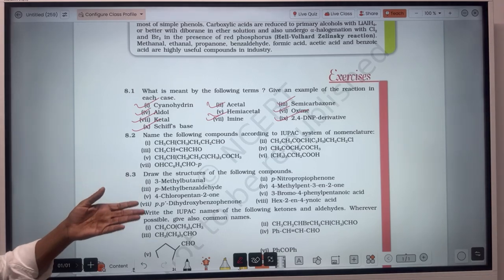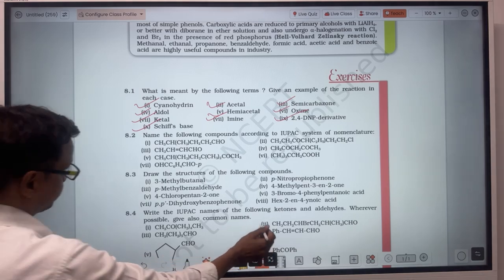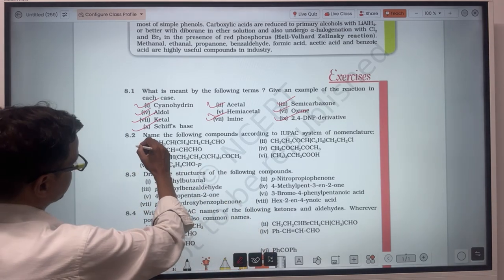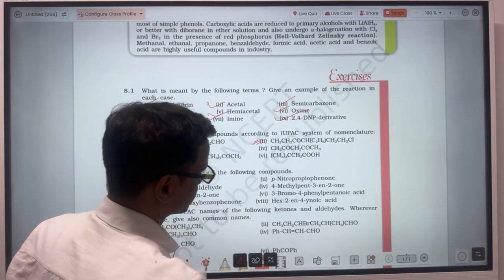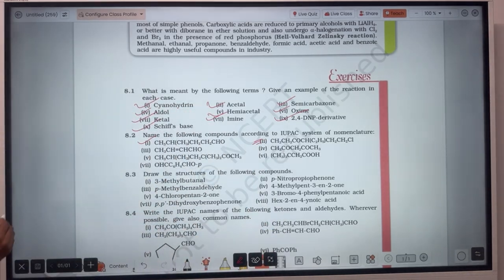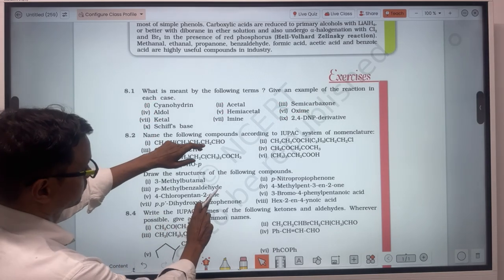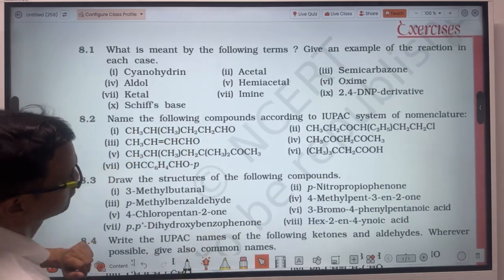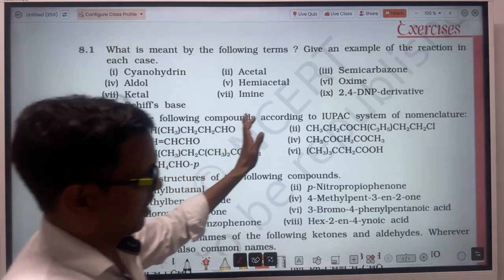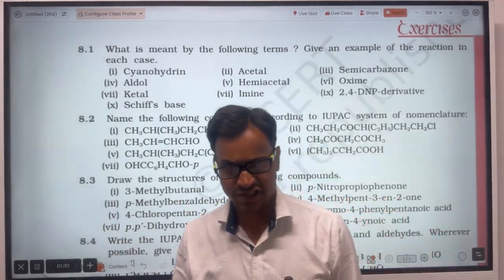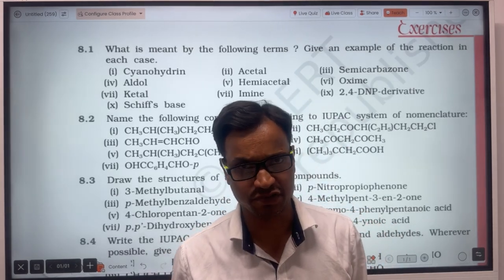Now about the IUPAC system of nomenclature, a few compounds I shall discuss here. These questions you can do. These questions I am solving. Okay. I am expanding this structure, but you can solve these questions without expanding the structure also.